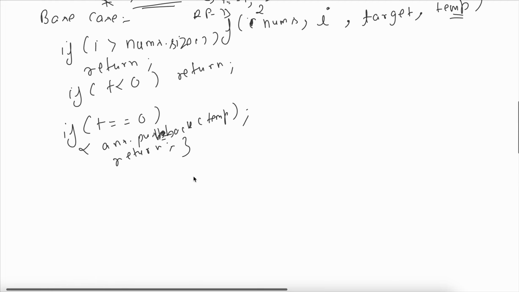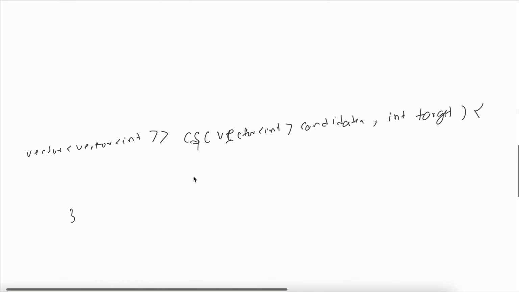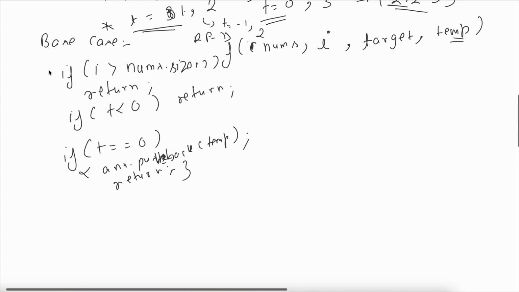We are given a vector of int, candidates, and a target. Do we have something more also? Candidates and target. Yeah, now we have to write the solution here.